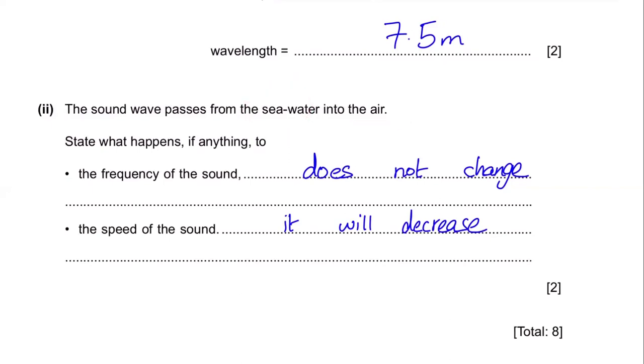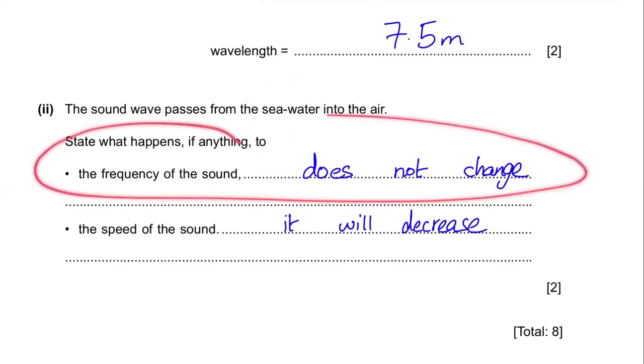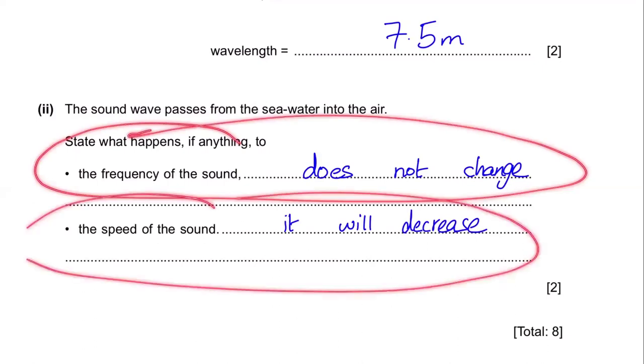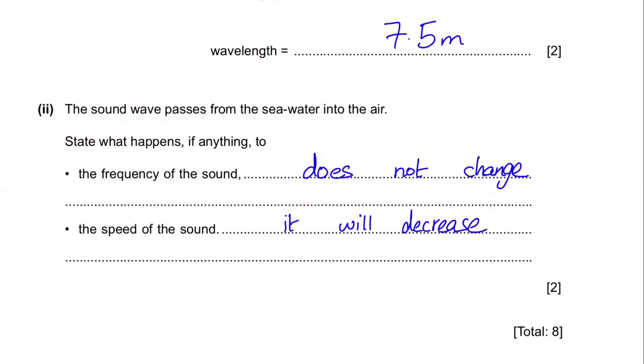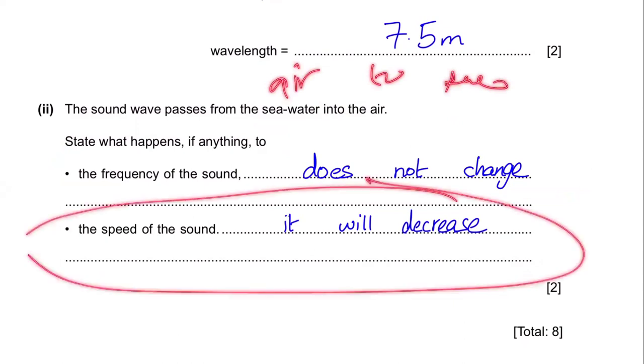So the frequency of the sound will not change, but the speed of the sound will decrease. Why? Because it's going from a denser medium to a less dense medium. If it was going from the air to the seawater, then it would be completely opposite. It would increase, but the frequency would still remain the same.